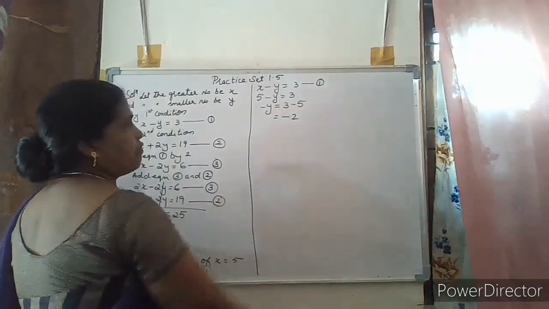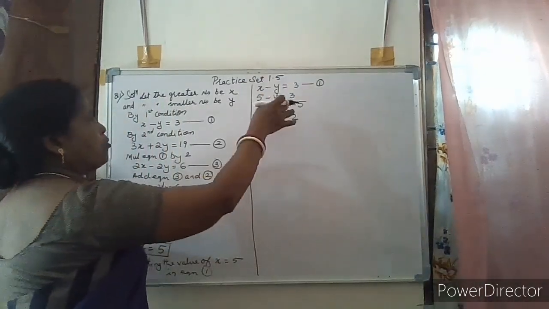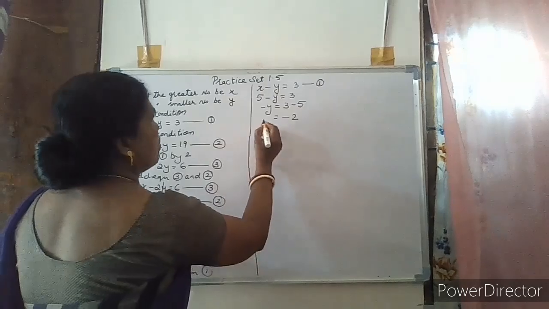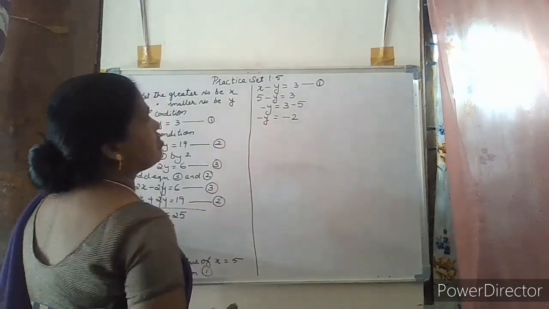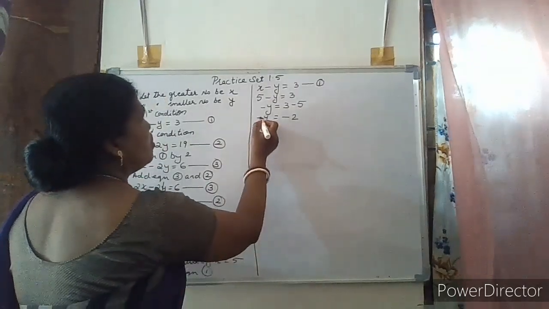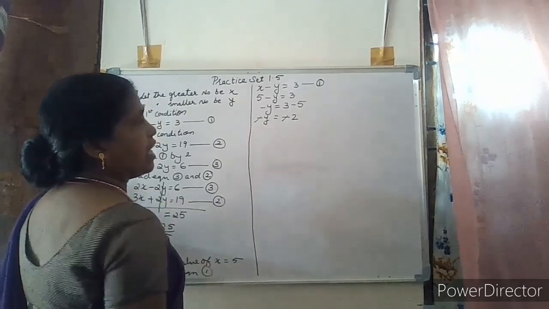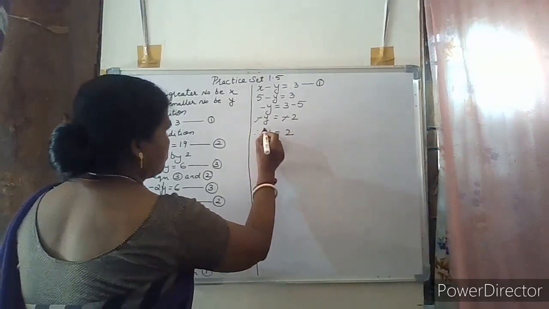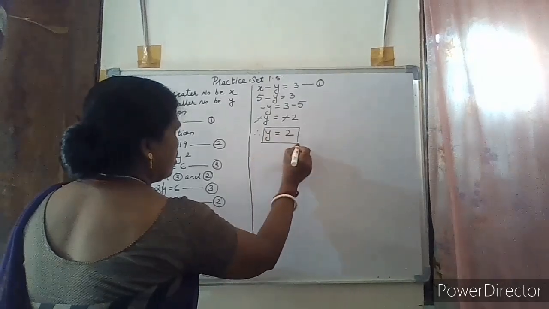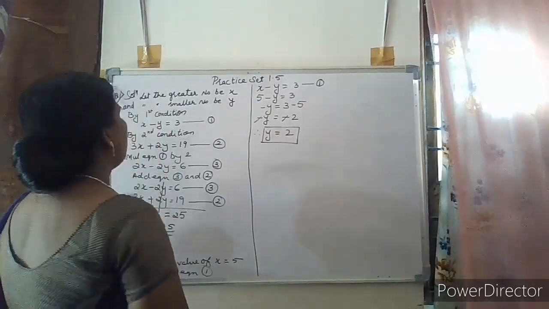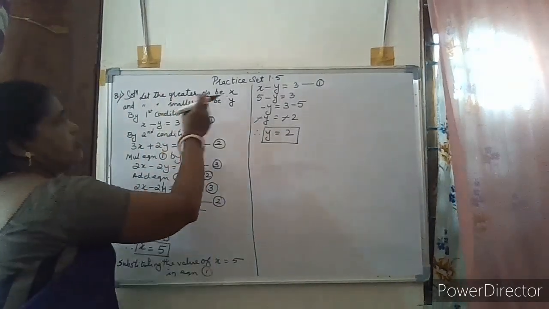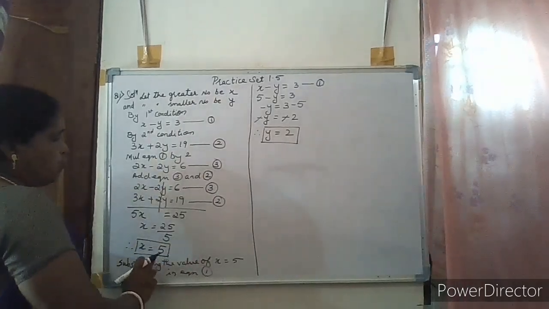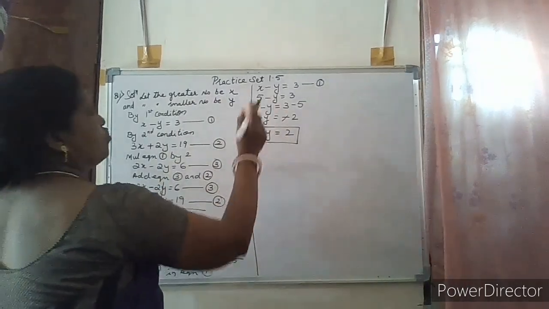Both the numbers have different signs. Subtract and put the sign of the greater number. So minus y is equal to minus 2. So the minus minus sign I can cancel. Therefore y is equal to 2. Now, this question was based on what? Two numbers. So we have got the two numbers 5 and 2.